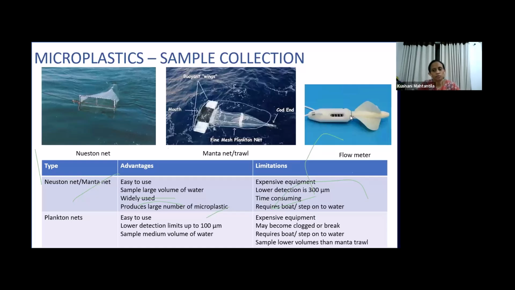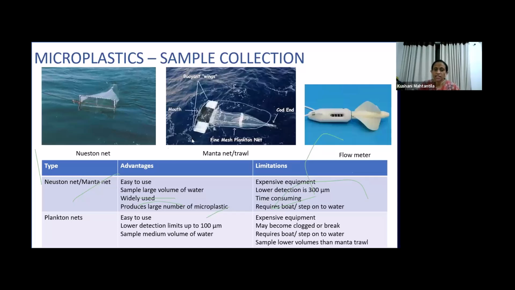The flow meter rotates according to the flow rates, with the number of rotations and the flow meter constant. We can calculate, with the area of the mouth of the net submerged in water, the volume of water being sampled.